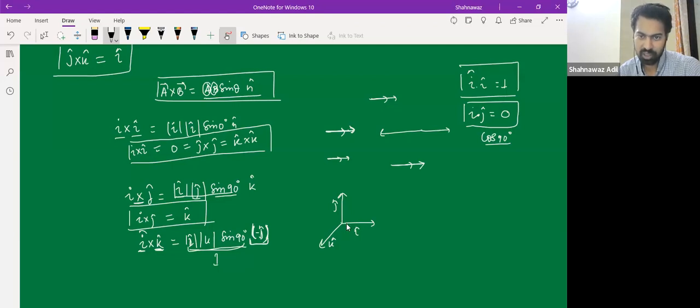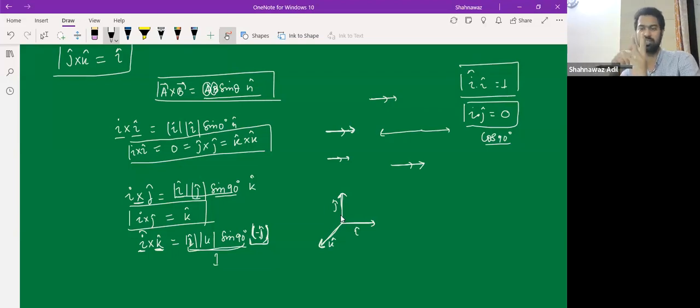So you take your palm in the I direction, and then you curl it into the K direction, and then you will see what direction it points out. Let's say this is I, this is J, and then this is K. So you are going in this way.